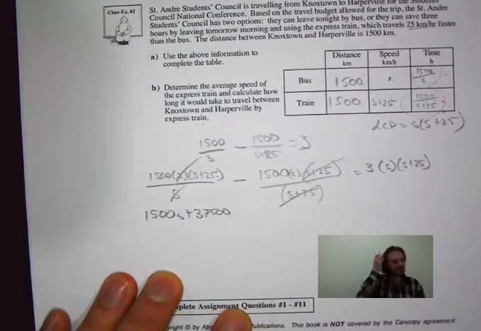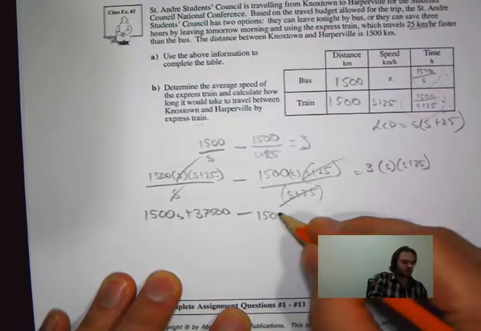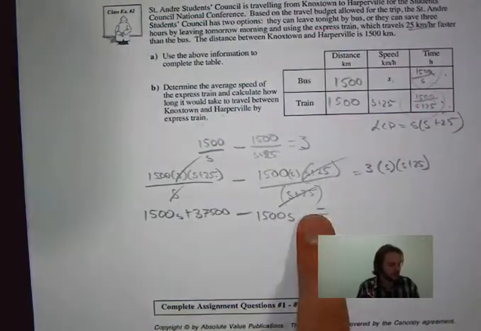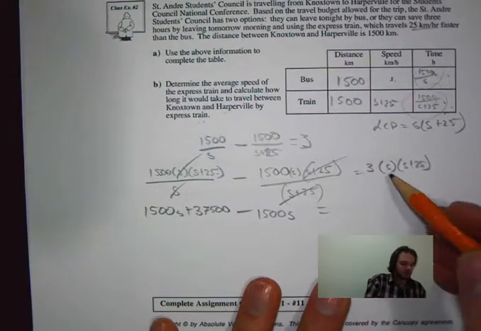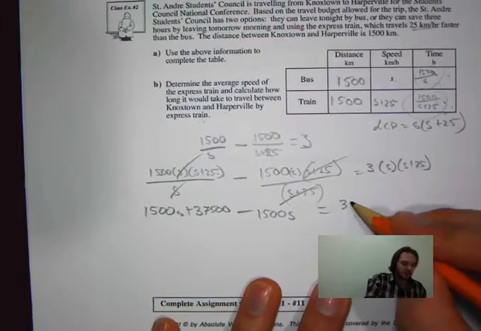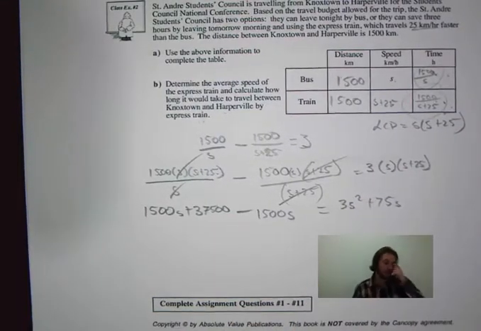And we're going to have to subtract 1500S. Let's take a look at this here. We have 3S squared plus 75S.